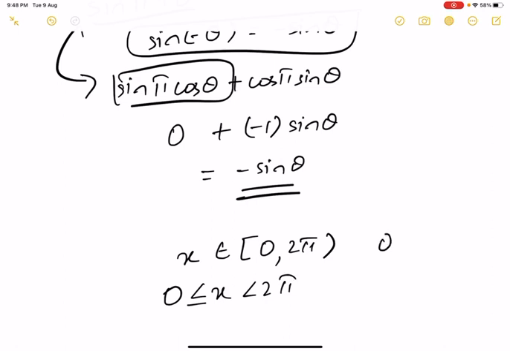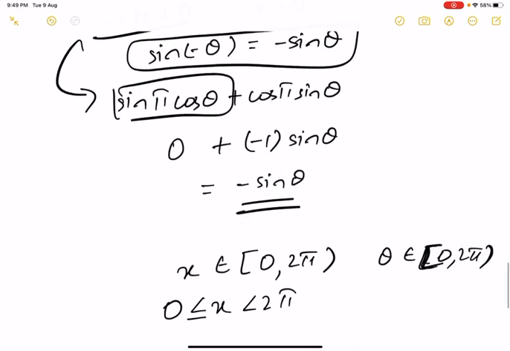Or instead of x you can also say theta. If theta is a solution, then theta should be in this semi-closed or semi-open interval, because 0 is included, that is why this is a square bracket, but 2 pi is not included, that is why it is a curved bracket. So this is principal solution.